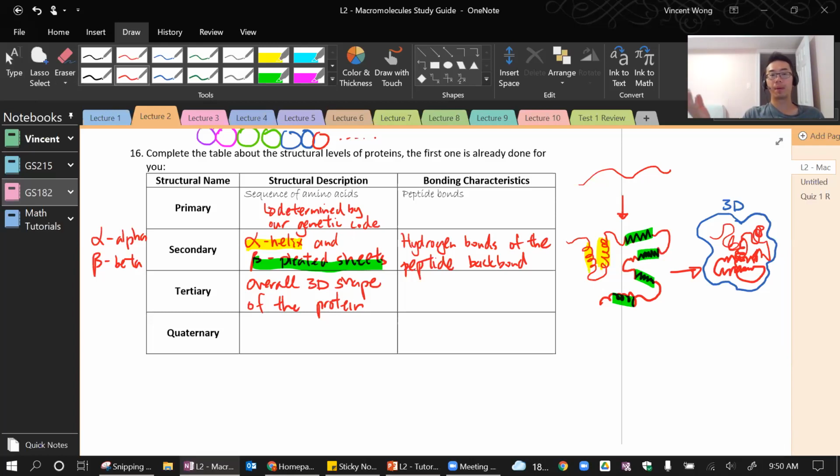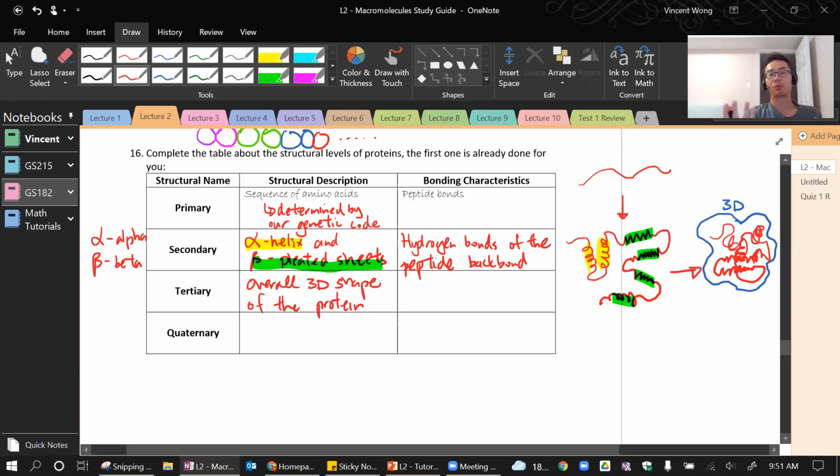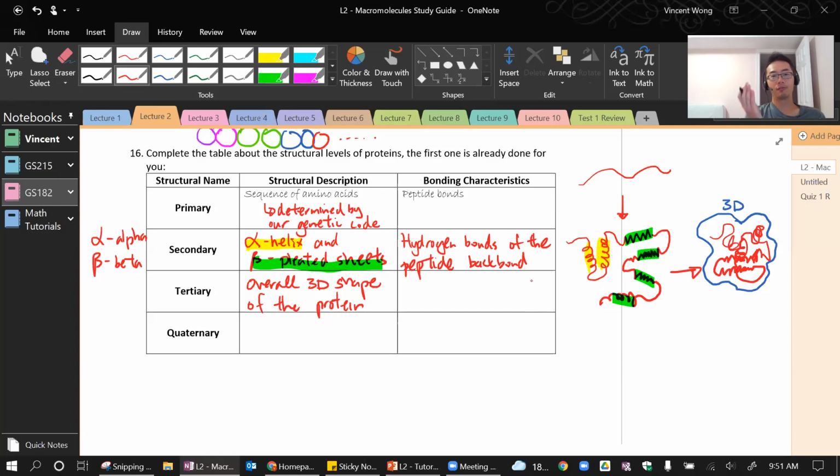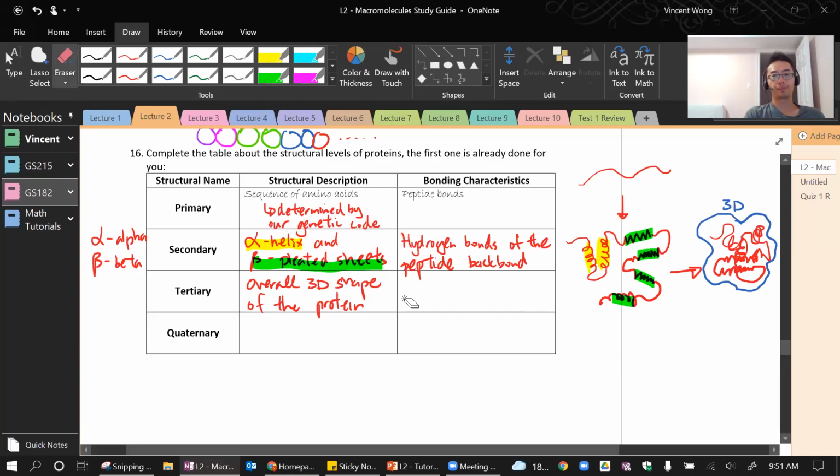It has a lot of beta pleated sheets in it, and then the beta one, the misfolded one, can cause the normal one to misfold as well. It's kind of like a bad influence, and over time you will have all these misfolded proteins, which will cause holes to form in your brain, and that of course is not a good thing. Okay, so having the right shape, the right tertiary structure, is vital for the normal function of the protein.